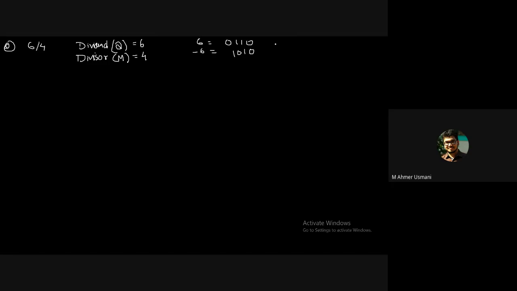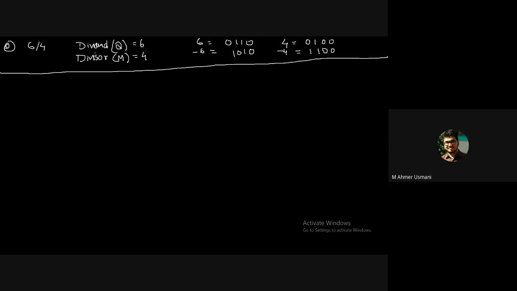For 4, just write down the representation of 4 and -4. 4 can be written down as 0 1 0 0. -4 can be written down as 1 1 0 0. You copy till you get the first one, after that you just need to flip the bits. Is this part clear? Yes, sir. So this is the initial part that we need to do.